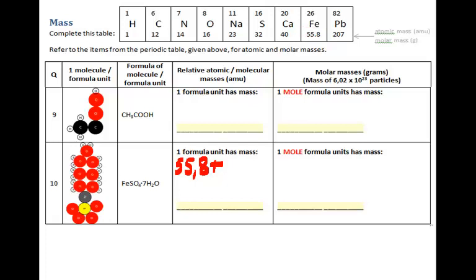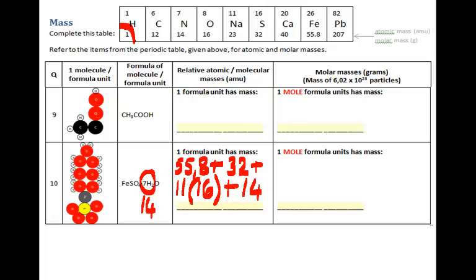Then there's one S, 32 atomic mass units, plus here we have 4 O's there and another 7 there. That 7 refers to the H2 and the O. So that makes 11 O's all together. So we have 11 O atoms, each of which has a mass of 16 atomic mass units. And then there are 14 H's, each with a mass of 1 atomic mass unit.